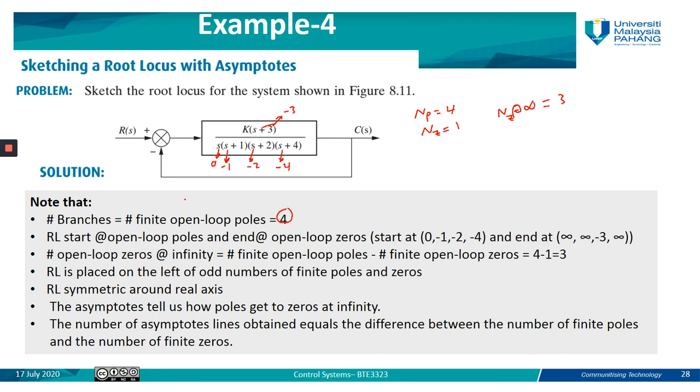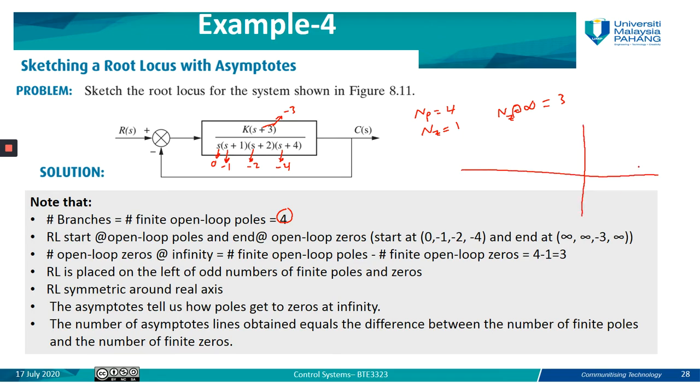Okay. The second rule we need to know, which is related to the start point and end point of the root locus. Usually the root locus will start at the poles and end at the zeros. Since we have 4 poles, that means we have 4 root locus branches that will start at the 4 pole points.